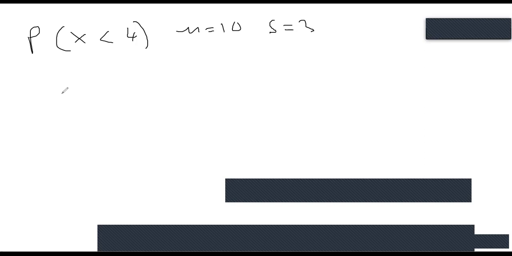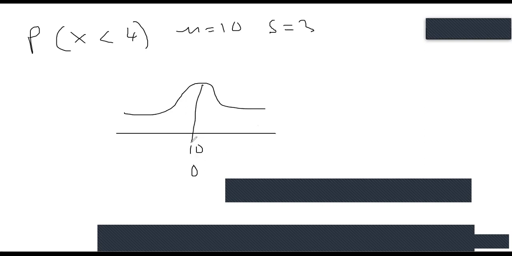Step 1, what do we do? Illustrate, correct? So what do we put in the middle? 10 is equivalent to 0. Where do we put the 4? Based on the 10, is it on the right or on the left side of 10? The left. Okay, then we are told less than, so we're shading to the left.